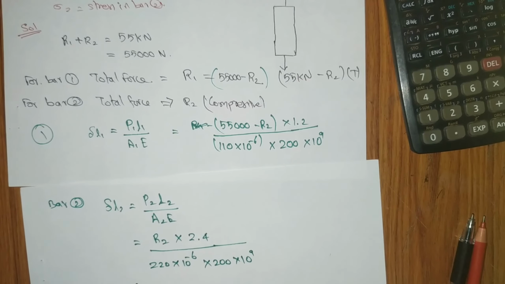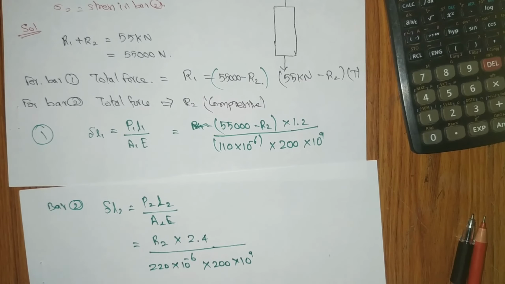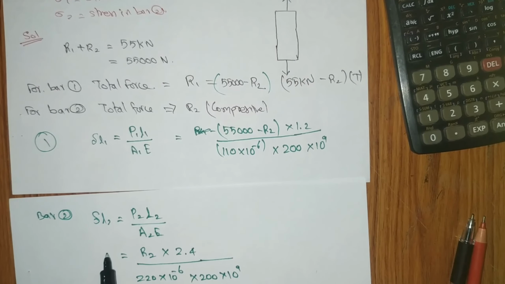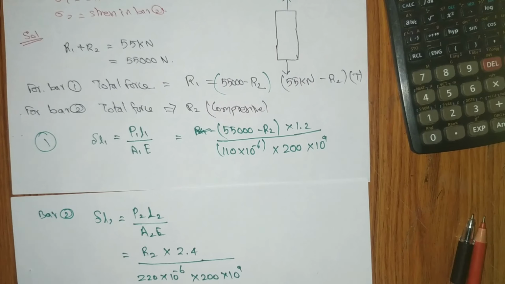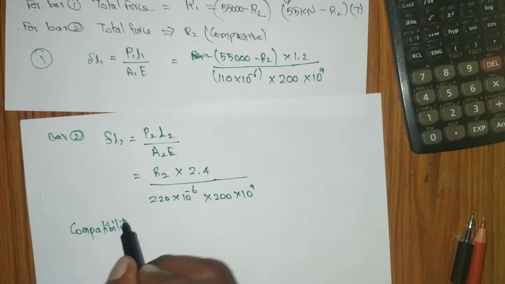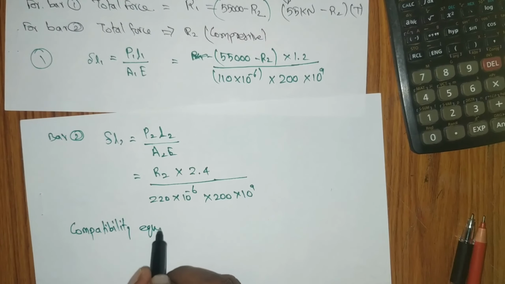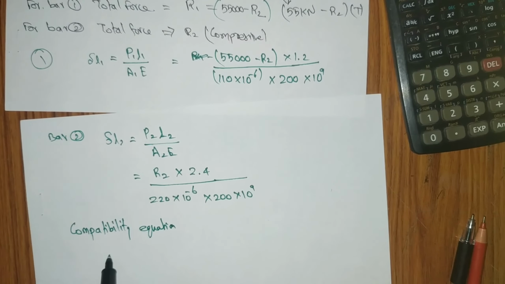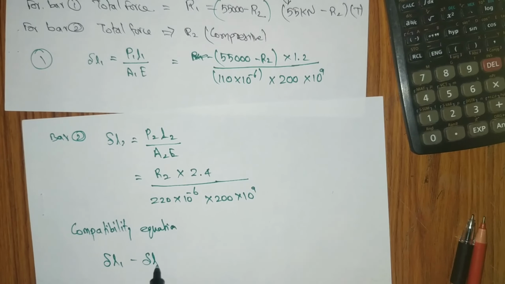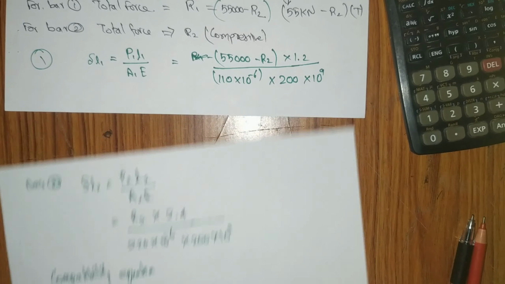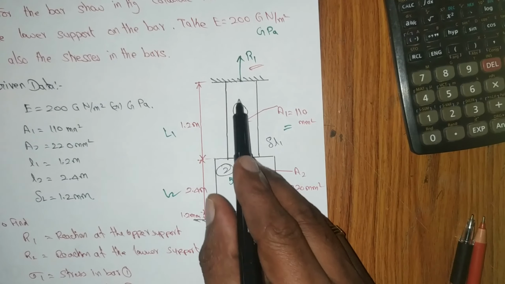So we have the values of delta L1 and delta L2. Now we use the compatibility equation: the change in length of bar 1 minus the change in bar 2 gives the total of 1.2 mm.